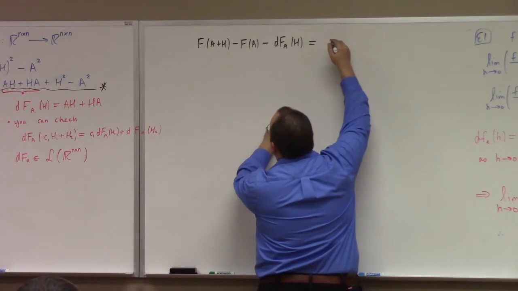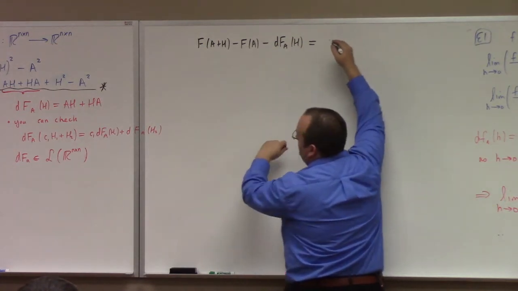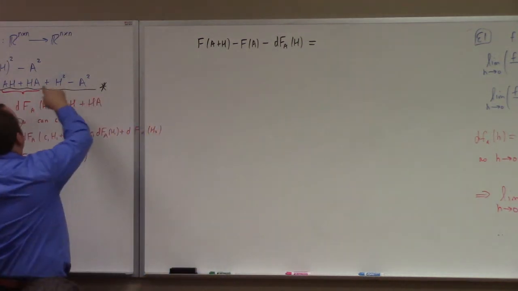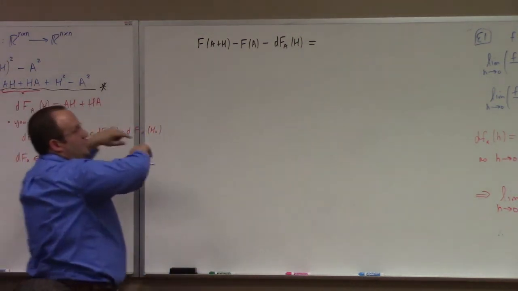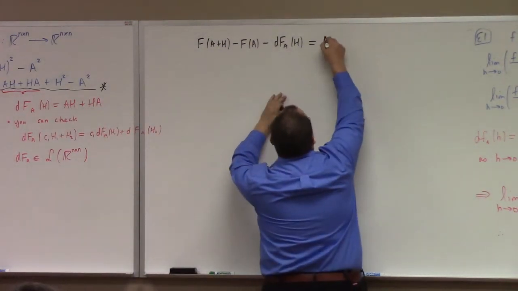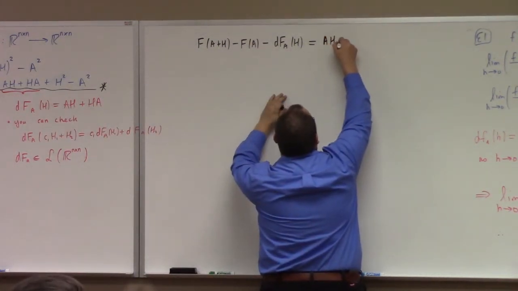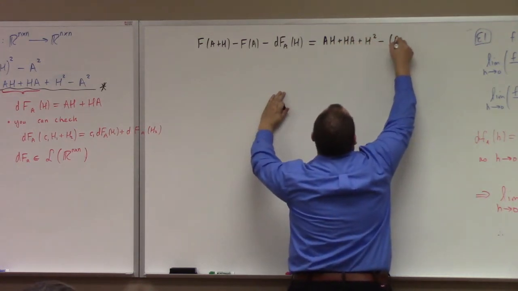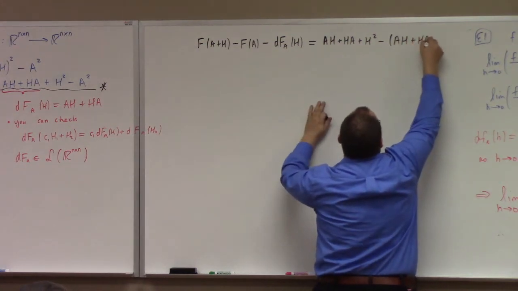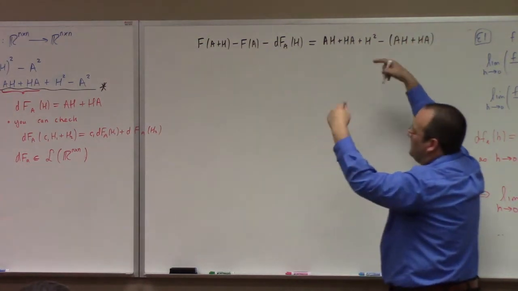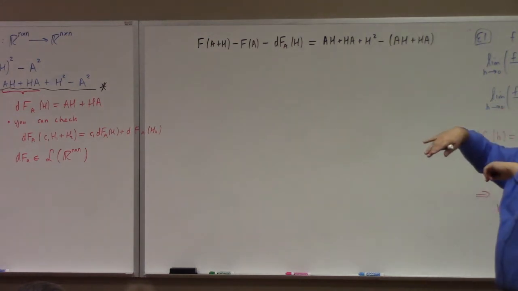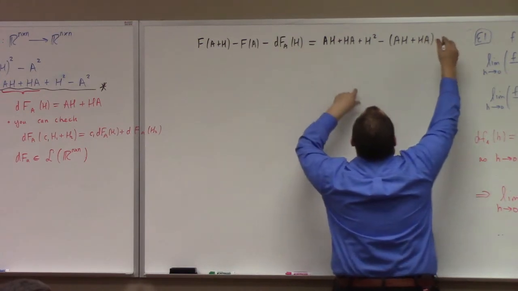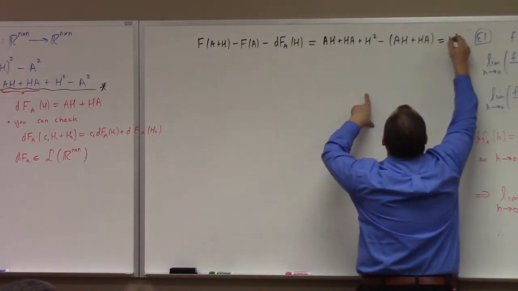Should I write it out again? I mean, so we have A squared, everything cancels, right? Well, let me just get to the interesting part. It's Ah plus hA plus h squared minus Ah minus hA, right? And there's also A squared canceling, but I'm tired of writing those. The point is, with this being that, what does this actually simplify to? It actually simplifies to h squared, yeah?